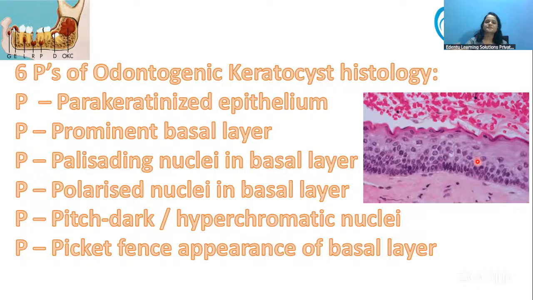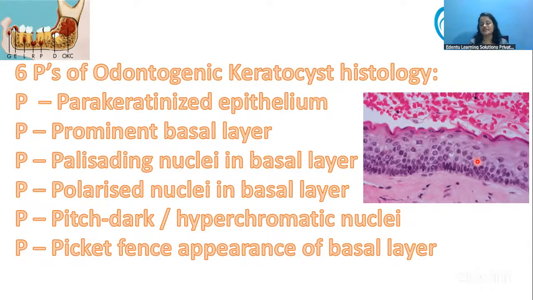Palisading nuclei means, suppose you are taking this OKC histopathology, and you are trying to draw a line by joining all the nuclei in the basal layer, then that line will be parallel to the basement membrane.